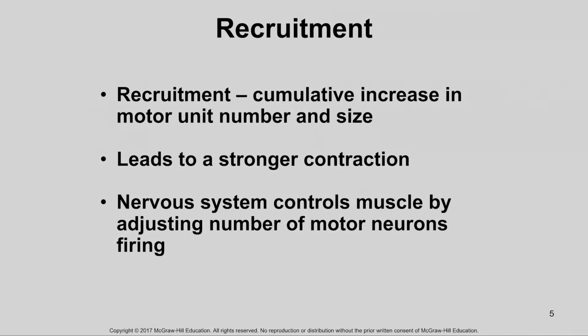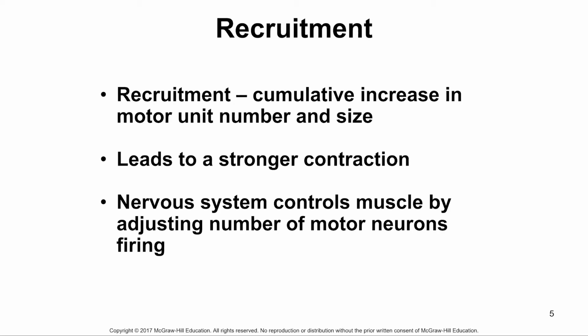Now, one of the ways that the central nervous system controls the strength of contractions carried out by the muscles is by adjusting the number of motor neurons that fire. When more motor neurons fire, we see an increase in the number of motor units that end up contracting.